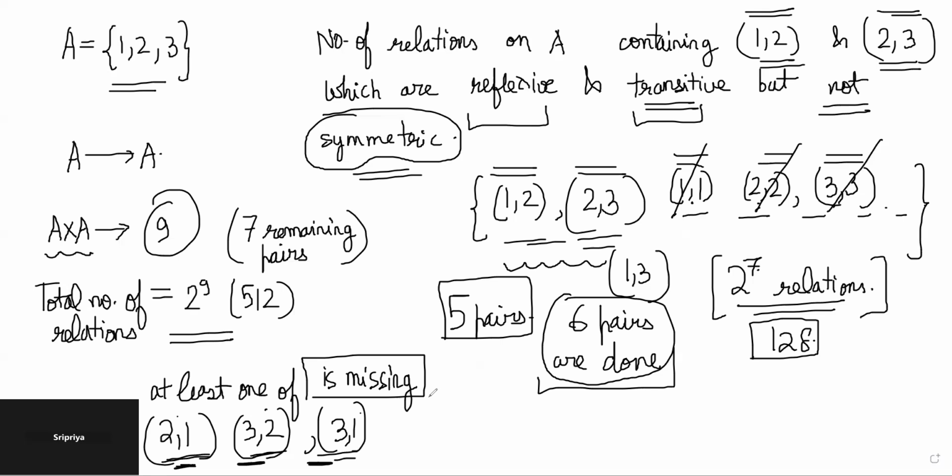But sir, even if two of them are present, then 1 comma 3 and 3 comma 1 exist, so it is a symmetric relation then, right? No, you don't know the meaning of symmetric. I got confused. I thought even if one of them is symmetric, it should not be considered. If one of them is symmetric, then automatically this is symmetric because 1 comma 1 is there.